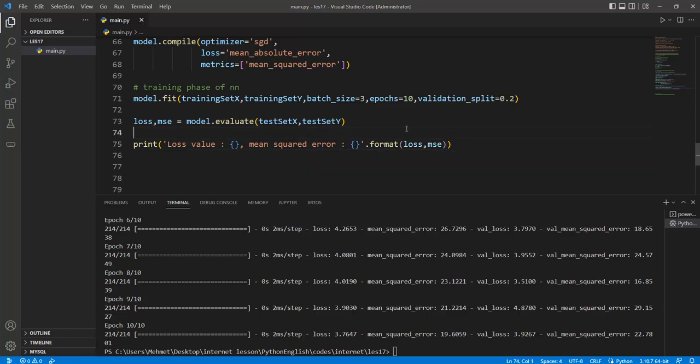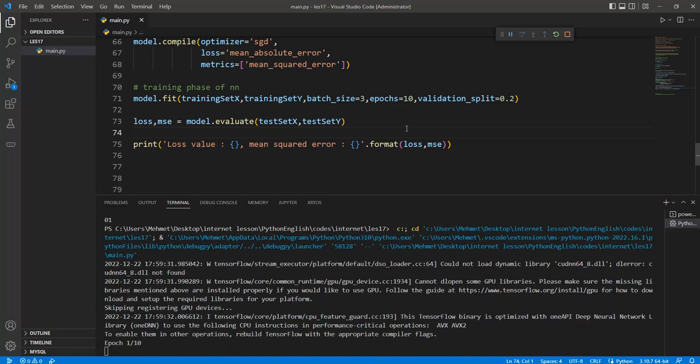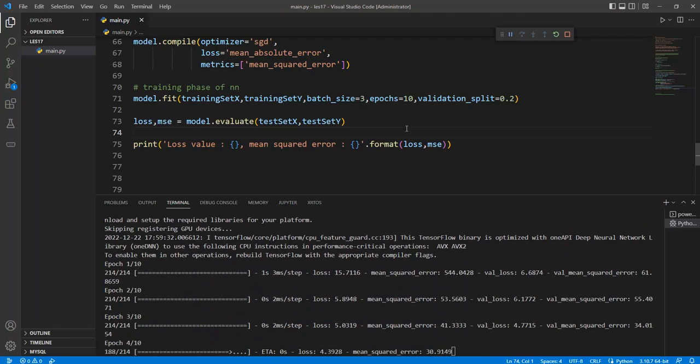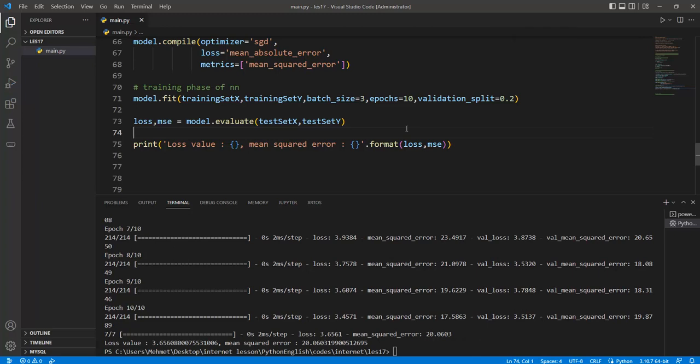Okay. And so if I run this code again, the 10 epochs are run, and the total mean squared error is equal to 20, and the loss value is equal to 3.65.